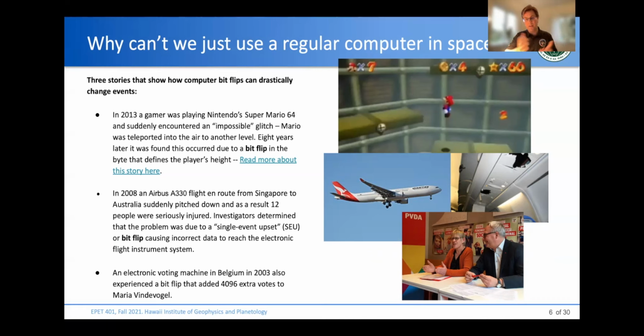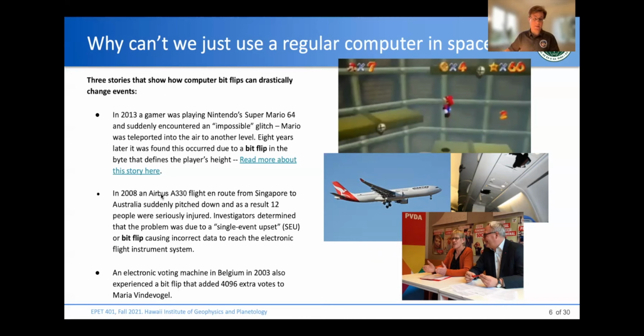Only about 8 years later did someone find out that there was a bit flip in the height section of the memory for this particular game, and that bit flip allowed you to jump to the next level. So it was a mystery for many years, but eventually it was found out that it was just this little glitch that made the jump.